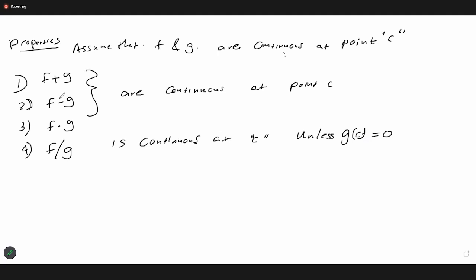So we have four properties, right? About the combining functions. So we can just use those, right?